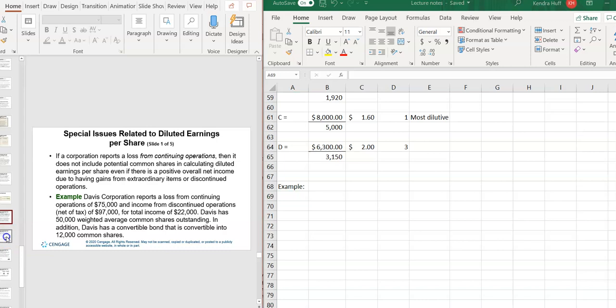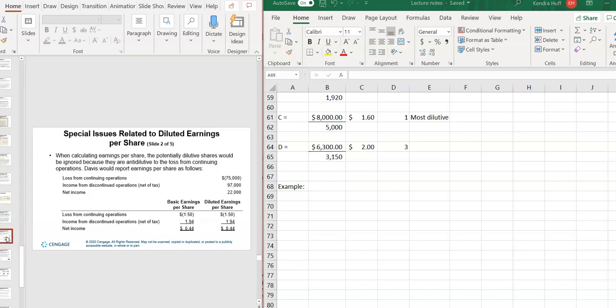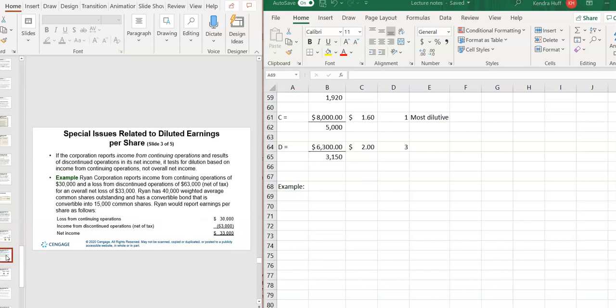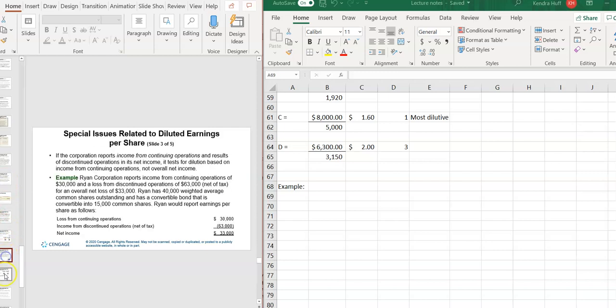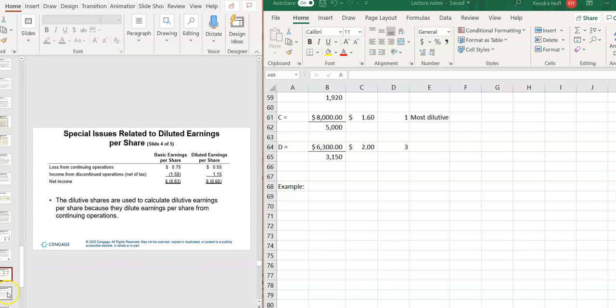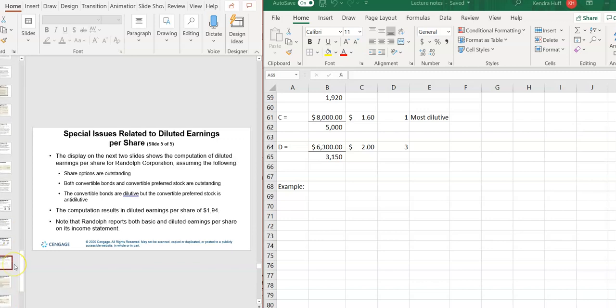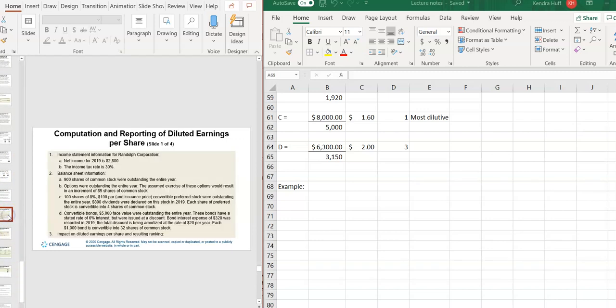I want just a regular one. Not that worried about special issues. Okay. This is a normal one. So we're going to do Randolph Corp.